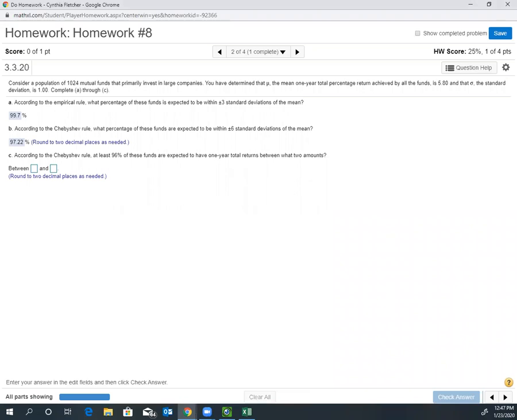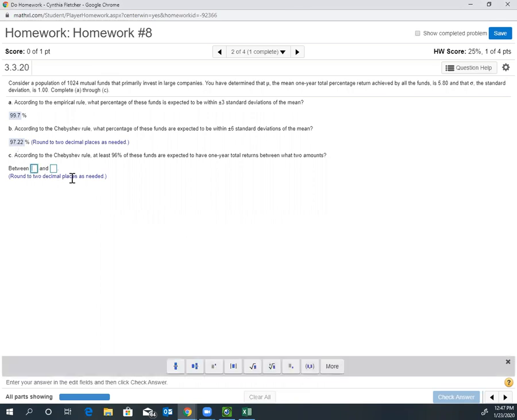Okay, so answering our question. I'm just verifying my computation. And we want to round to 2 decimal places, so here we are.